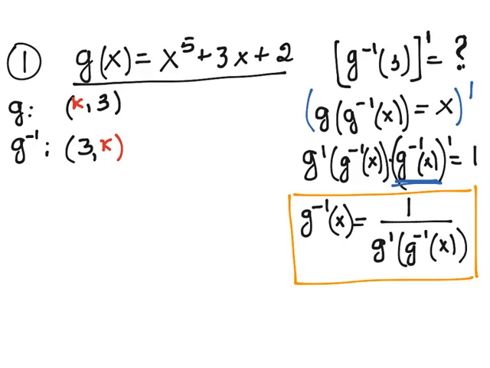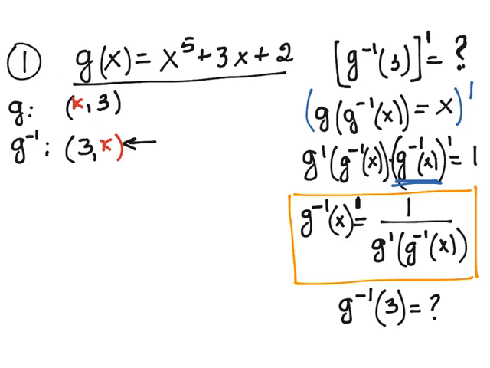Now if you look at your main formula, in order to find g inverse prime of x, I'm sorry, right here it's supposed to be inverse. You need to divide 1 by g prime of g inverse of 3. So in other words, you need to know what g inverse of 3 is first. If you determine that, then you can do the rest. So g inverse at 3 in this case equals k.